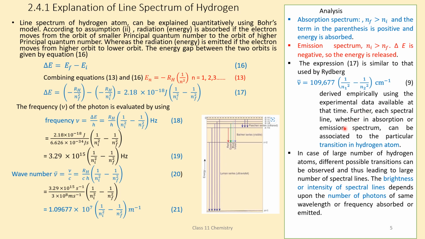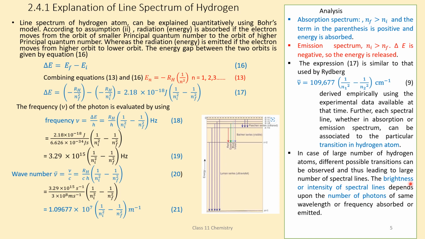Further, each spectrum line, whether in the absorption or emission spectrum, can be associated to a particular transition in the hydrogen atom. So we can give the numbers for spectral line and we can see whether it is an absorption or an emission spectrum. In case of a large number of hydrogen atoms, different possible transitions can be observed, thus leading to a large number of spectral lines.